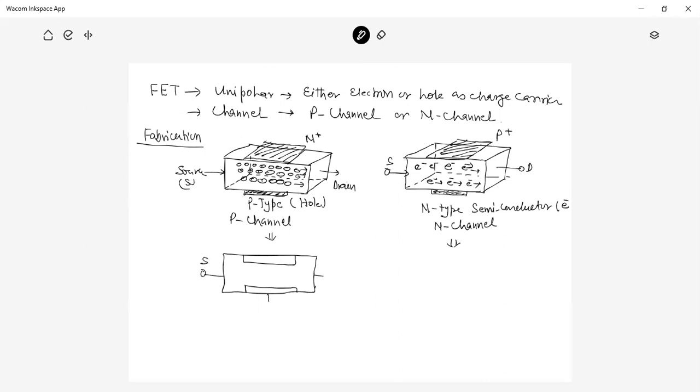Here it is source, this is drain, and this point is gate. This gate and this gate are the same point, in a circular way. So this is what is called P channel. Here, this is N channel.